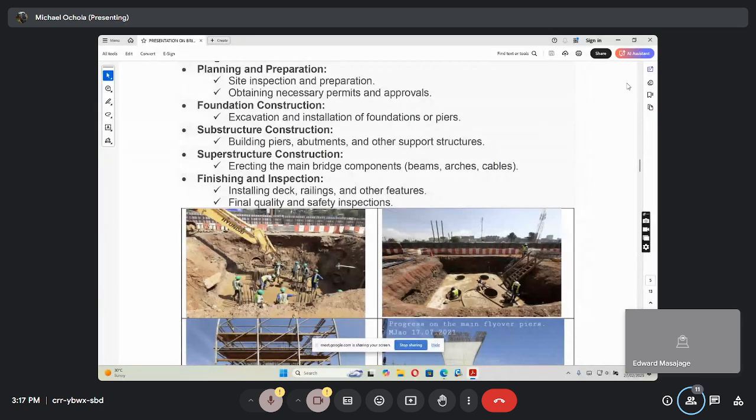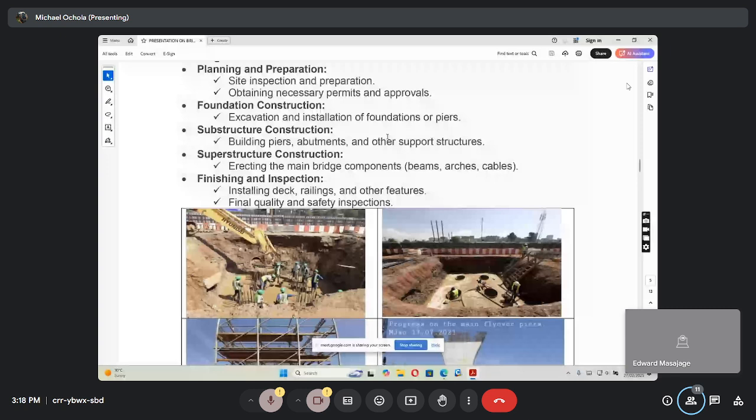So this is the foundation. Fortunately, after this area, it was ready for them to start reinforcement works and then come up. So we have substructure construction. When I talk of foundation construction in a bridge, it can be a spread footing below the riverbed, or sometimes at water level, as we shall see.